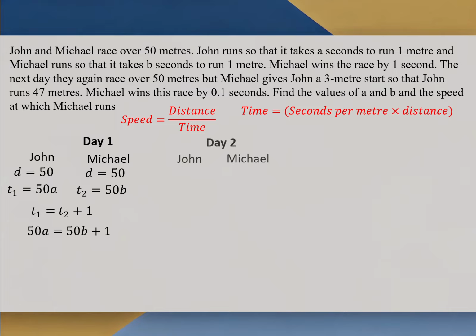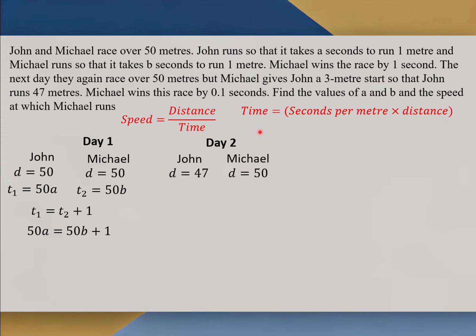Okay, we'll stop there for now, and we're going to jump to day 2. We're still talking about the same people, so I've just labeled it as John and Michael. In this part, we know it's 47 meters. So we know John has done 3 meters less. So I'm just writing that down as D is equal to 47 for John and D is equal to 50 for Michael.